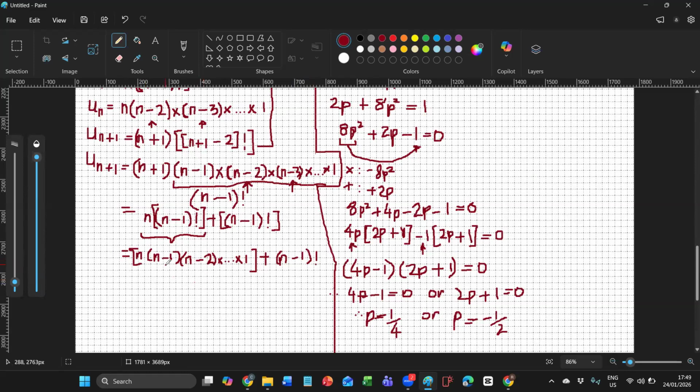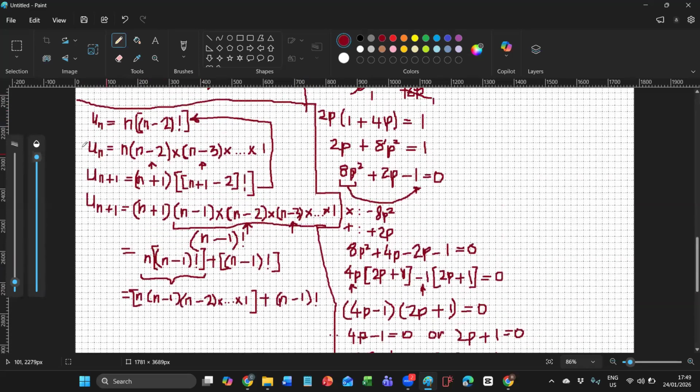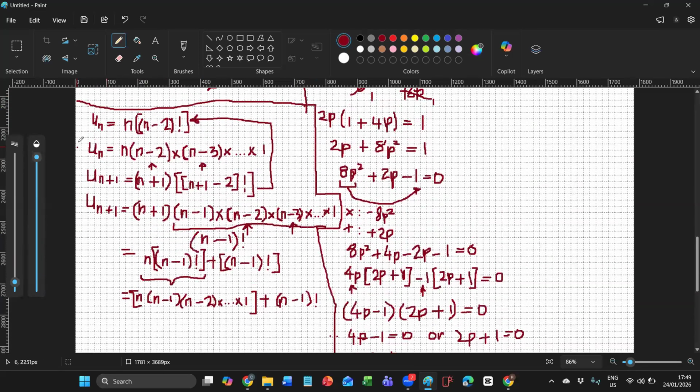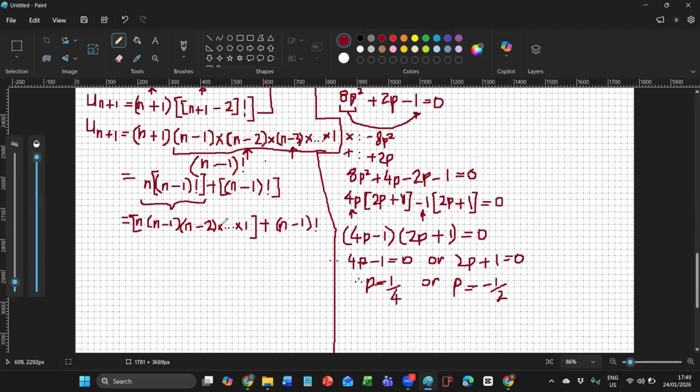I want to see where I can bring in that un. Remember un from the second line for un, where I'm putting that arrow there. It says that un starts with n times n minus 2 times n minus 3 times 1.